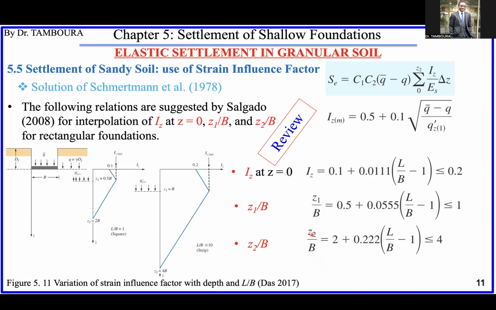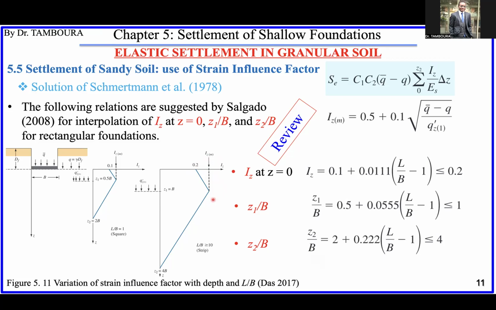For each depth we found Z1, Z2, and how to obtain this value 0.2. It depends on the type of foundation, that means the shape. For example, rectangular will not be the same as circular. Please go back and see, and you will understand what I'm talking about.